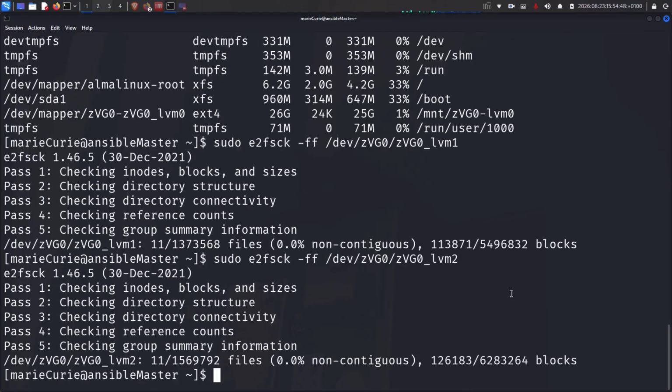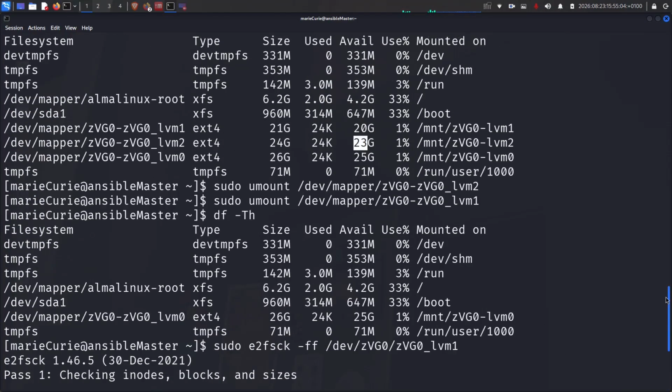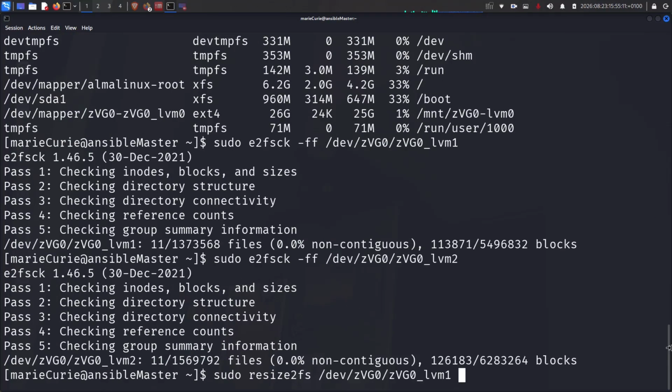So we have to run sudo resize2fs on /dev/vg0/lvm1. LVM1 is already 20 GB. I'm going to remove 7, 20 minus 7, 14 GB.